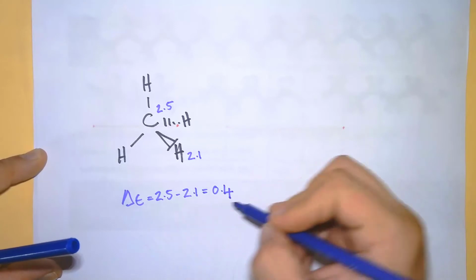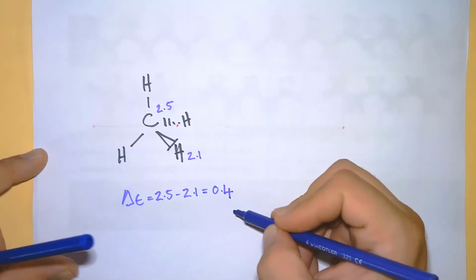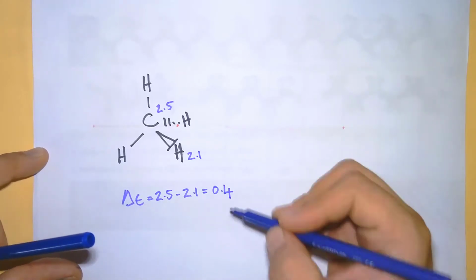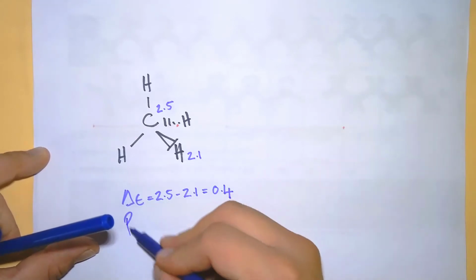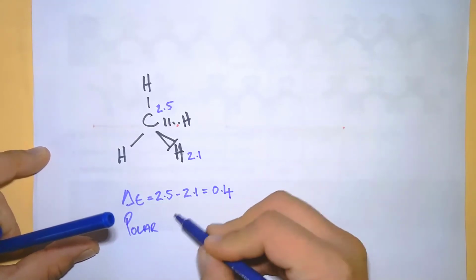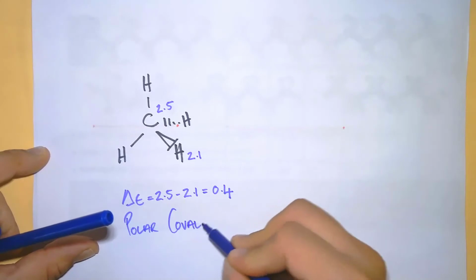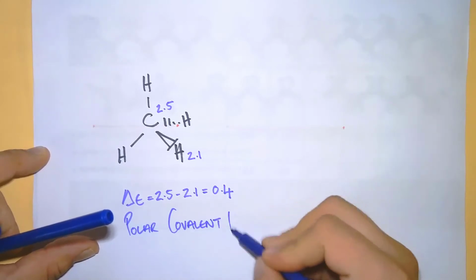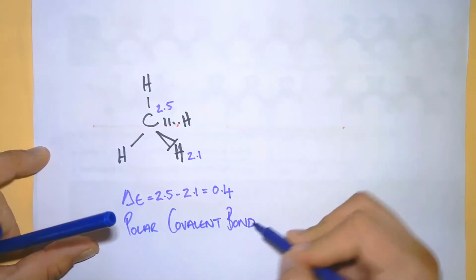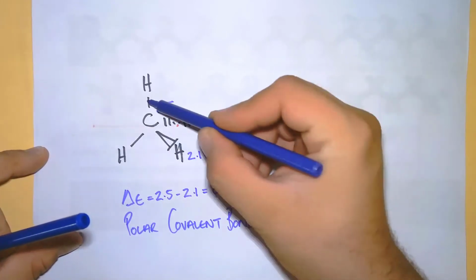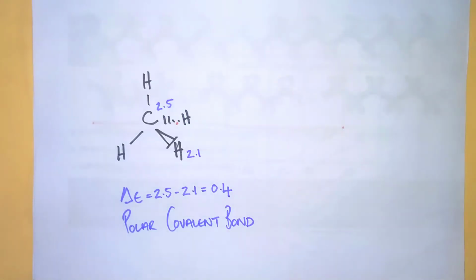It's a very, very small difference in electronegativity, but it is still a polar covalent bond. That means each one of these 4 hydrogen-carbon bonds is a polar covalent bond.